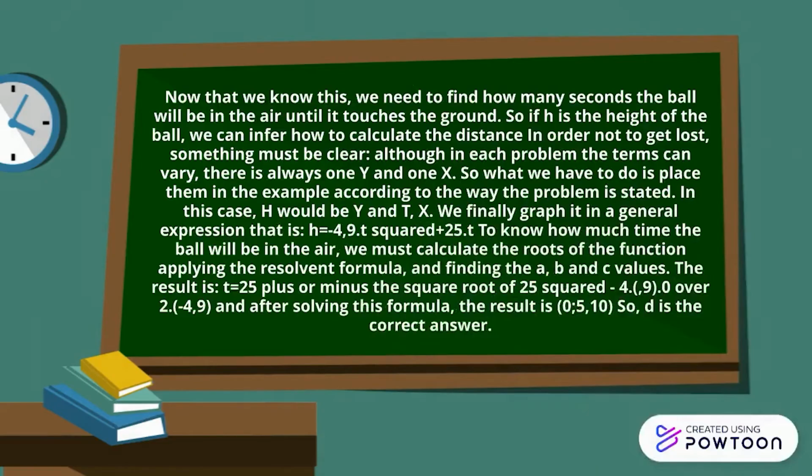The result is t equals 25 plus or minus the square root of 25 squared minus 4 times 4.9 times 0, over 2 times negative 4.9. And after solving this formula, the result is 5.1 seconds. So D is the correct answer.